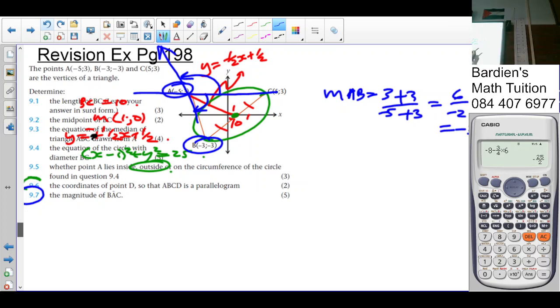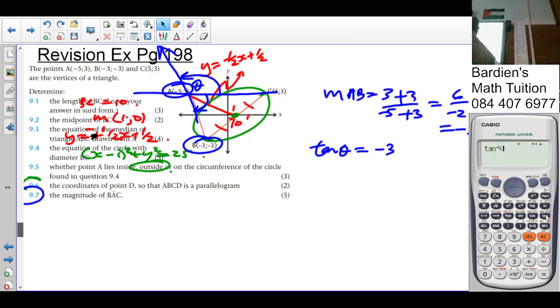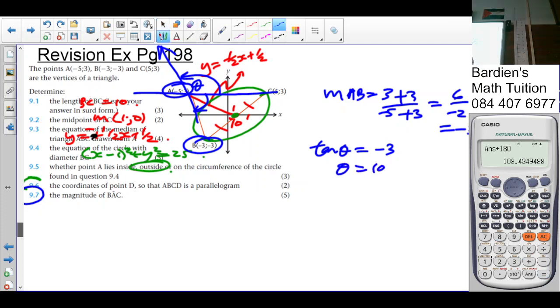Right, so now we say, let's call this theta, tan of theta is equal to negative 3. So when you go arctan of negative 3, that gives you negative 71,56 plus 180, that gives me 108. So theta is 108.